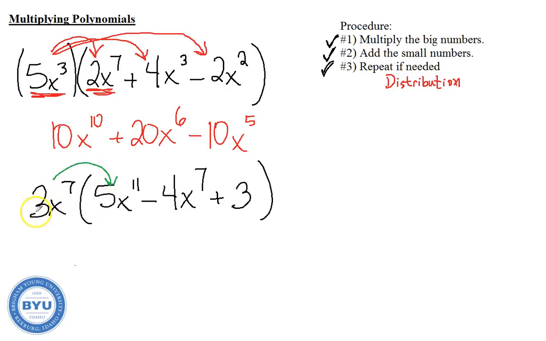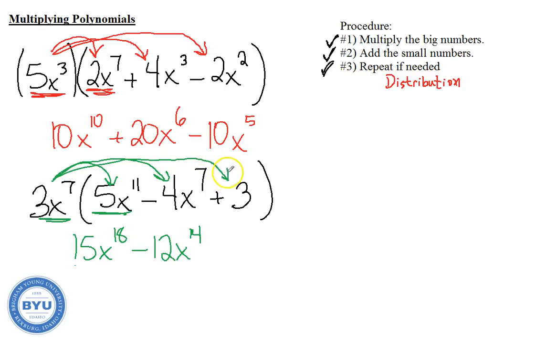Multiplying these two together, we multiply the bigs, 3 times 5 is 15, add the smalls to get 18. Then this outside one to the middle one, I'm going to do 3 times negative 4, that's negative 12. We multiply the bigs and add the smalls. And then this outside value, when we multiply those together, we get 9x to the 7th.